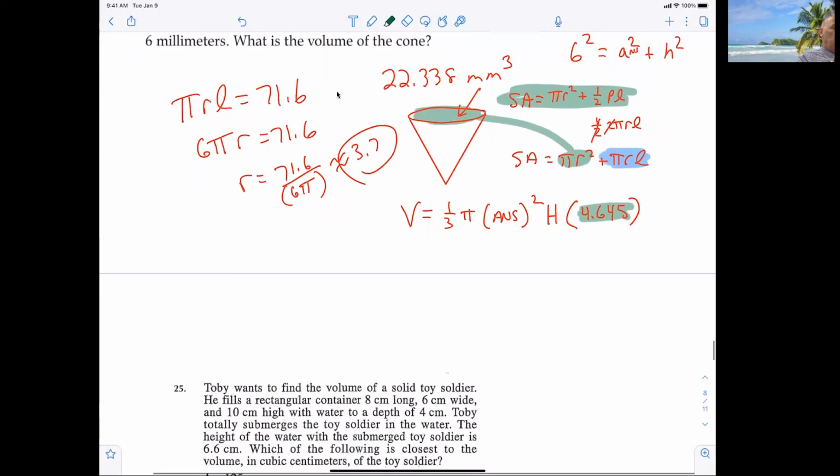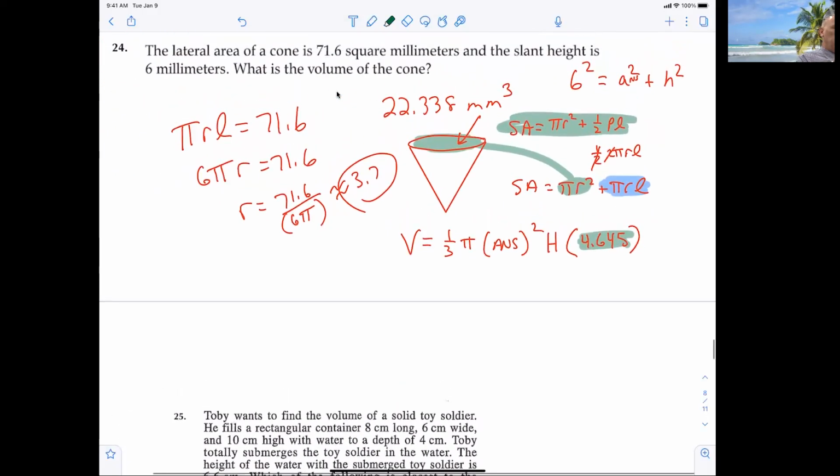Okay, so our slant height of the cone is 6. Do you agree with this? And our radius, we said, was 3.7. I'm trying to find the height. You see what I'm saying? So we just did 36 minus that answer squared, and then took the square root. Someone is telling me it's 4.645.